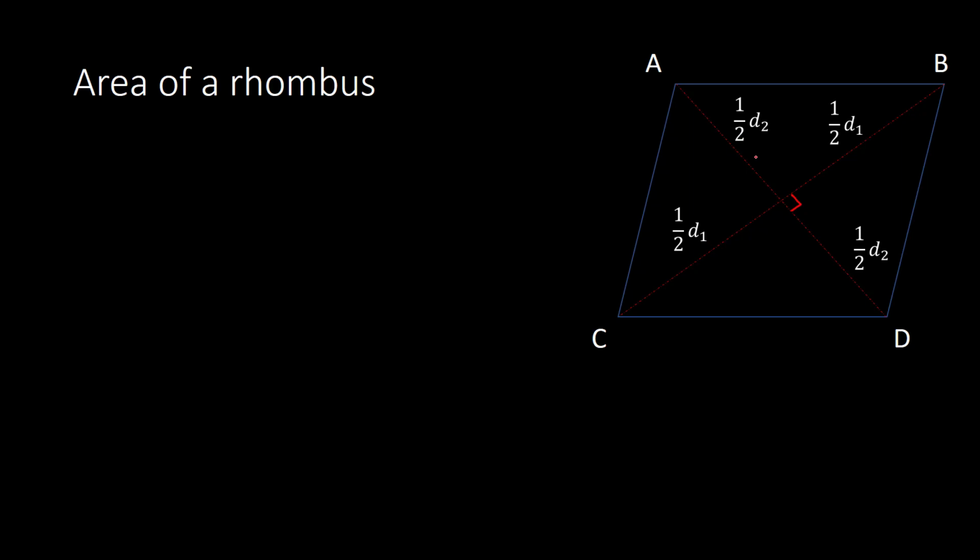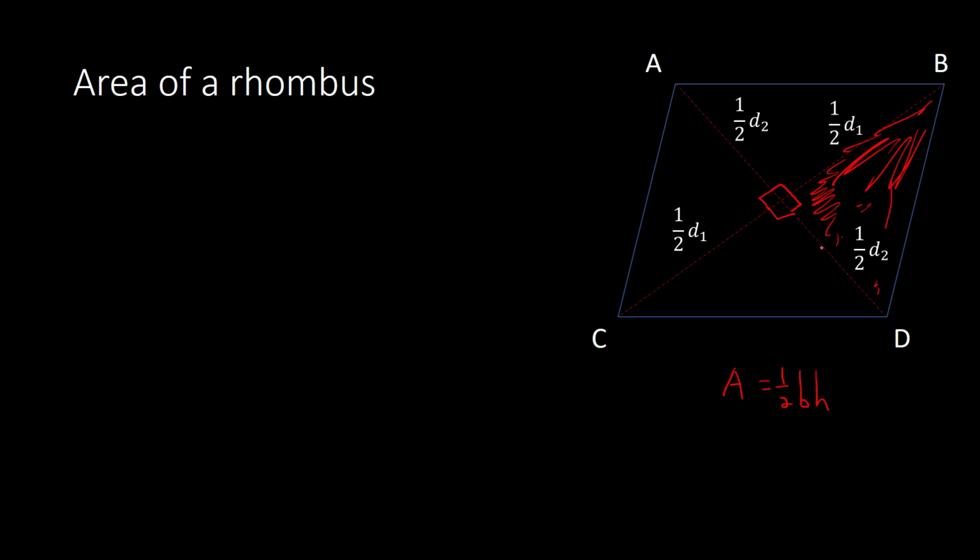Now I'm going to show you where the formula comes from here. So notice that we have 4 right triangles, and the right angle is here in the center for each of them. So looking at just one of the triangles, maybe let's look at the one right here on the right side. So to find the area of this triangle, I can take my triangle formula, which is 1/2 base times height.